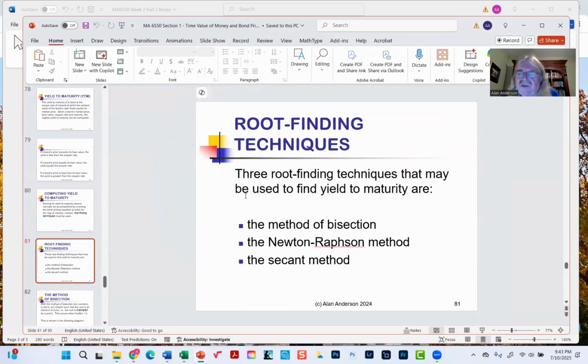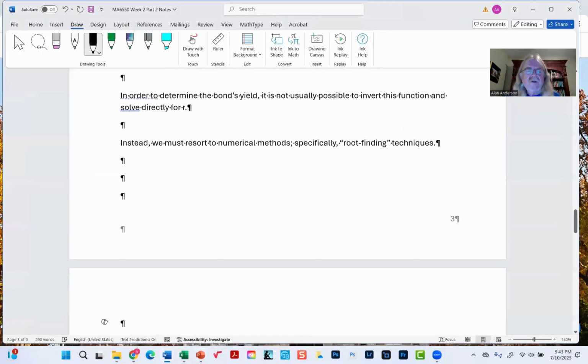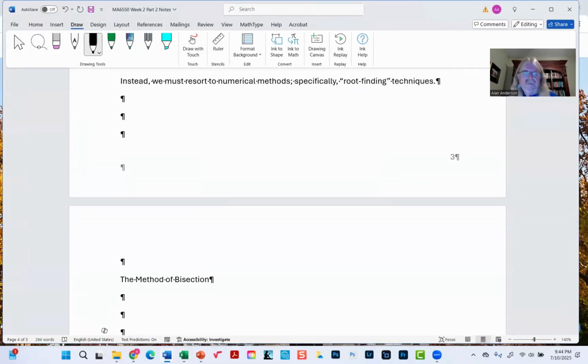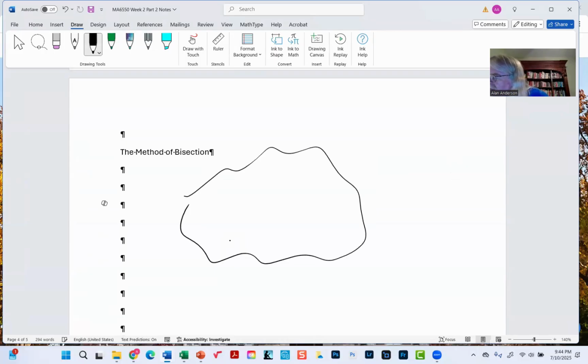The method of bisection is the most straightforward one. The way I remember the first time I ran across this in one of my books, they described it like trying to find a lion in a desert. It's a strange analogy, but imagine here's your desert and here's your lion.